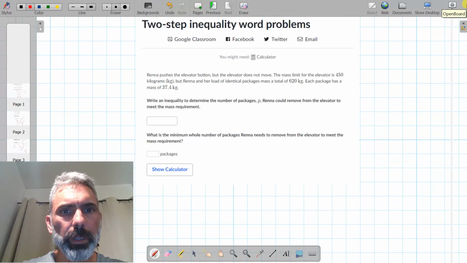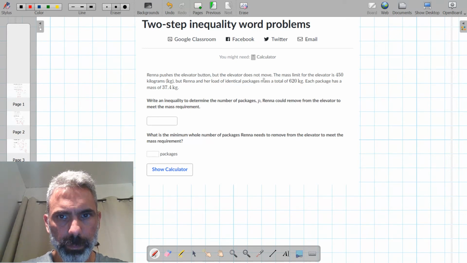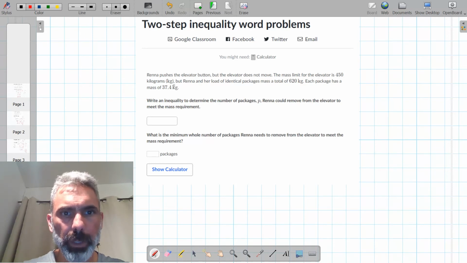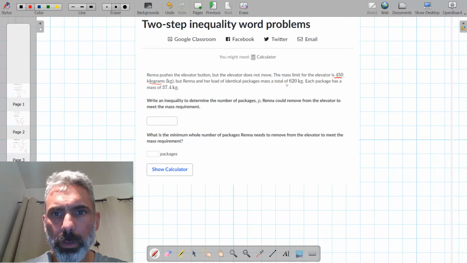Rina pushes the elevator button, but the elevator does not move. The mass limit for the elevator is 450 kilograms. But Rina and her load of identical packages mass a total of 620 kilograms.